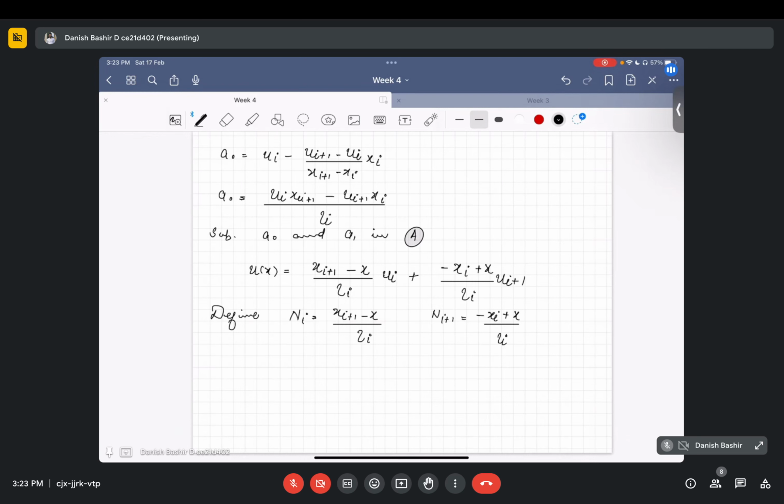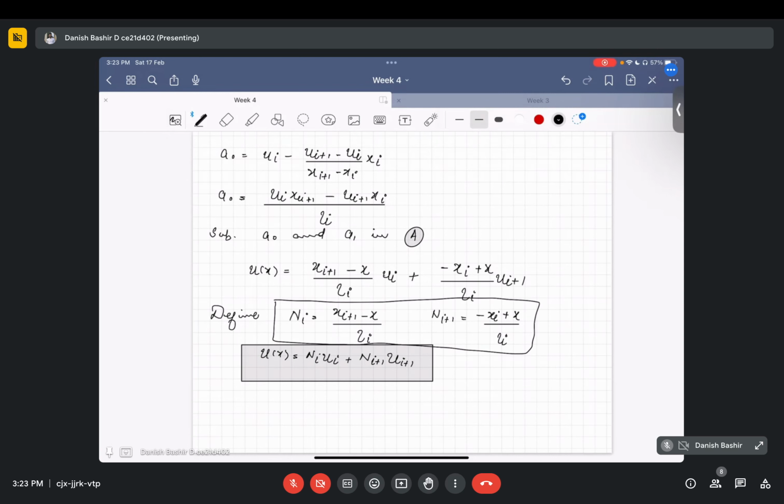Then my solution u of x will be equal to Ni ui plus Ni plus 1 ui plus 1. So we defined two different things, Ni and Ni plus 1. Actually, these are known as shape functions, and they are defined at respective nodes.